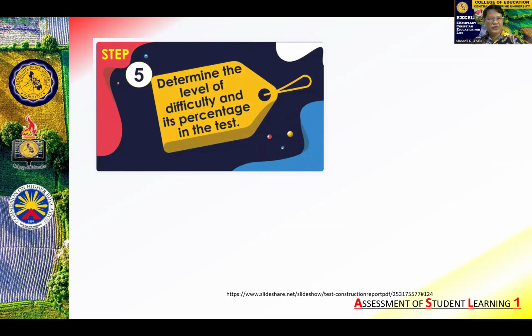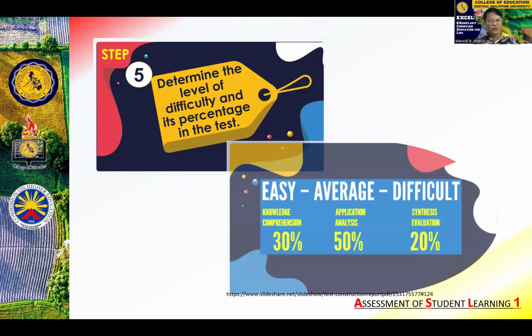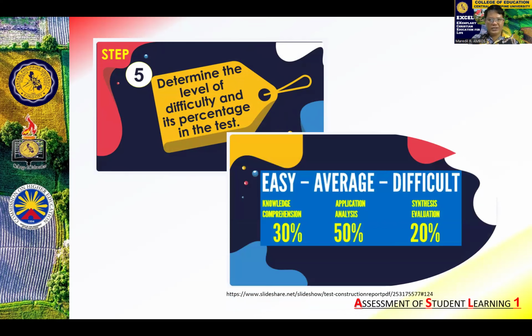Step number 5 is to determine the level of difficulty and its percentage in the test. Supposing the test questions that we have are for ESE, or EC rather, you have the knowledge and comprehension, which is 30%. For the average level, included here are application and analysis, which consist of 50%.